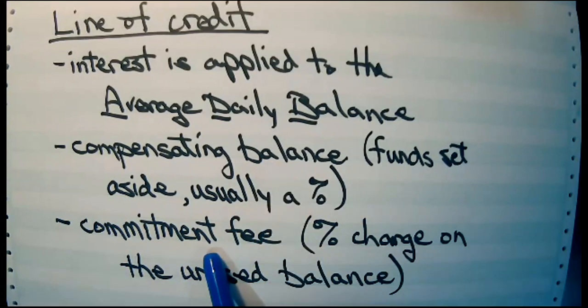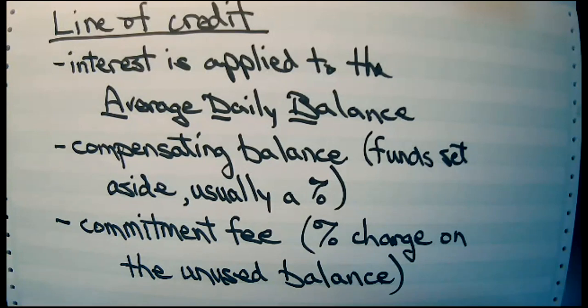And there may be, there isn't always, but there may be a commitment fee, which is a certain percent that they charge on the unused balance. So you might have a line of credit of $100,000, and you're only using $20,000 of that. You've only taken $20,000 for some expenses that you've incurred, and you pay that $20,000 back at the given interest rate.